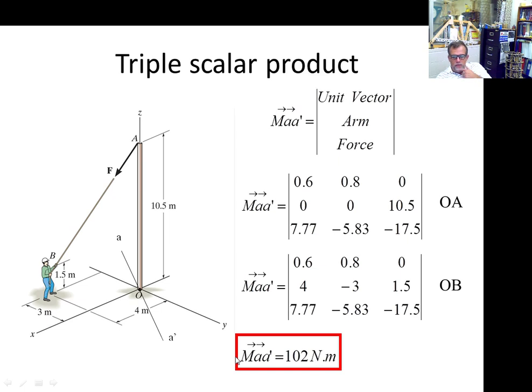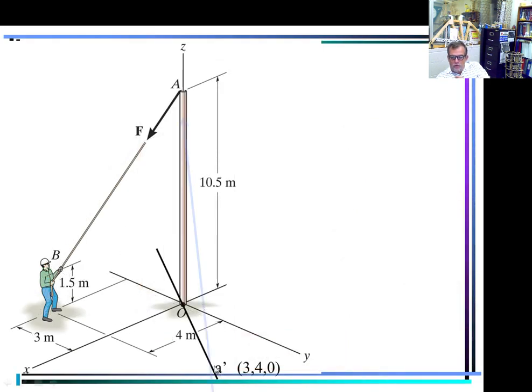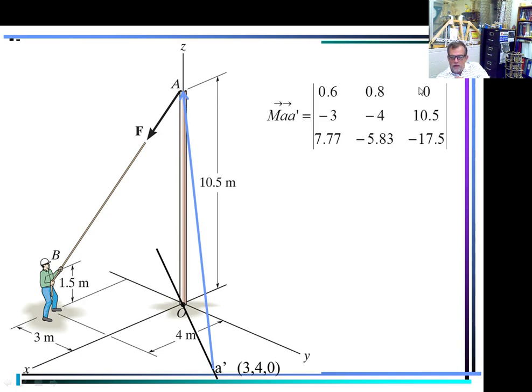Now, at the same time, what if I want to say, okay, I know this point here is 3, 4, 0. What if I decided to go, and that point belongs to the axis, and I'm not interested in the point O at all. The only thing that I'm looking for is the component of the moment of that force with respect to this axis? Well, if I know that point, I can consider this my R, and I'm going to do it like that.